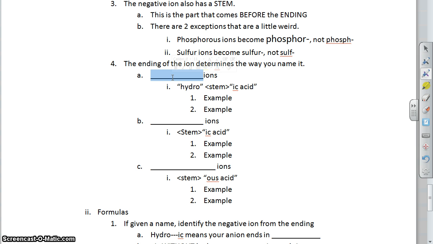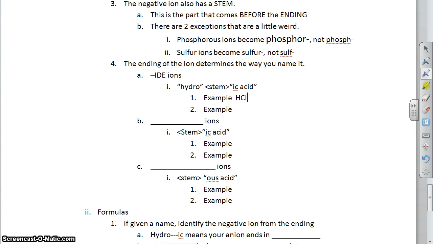First, let's deal with ide ions, ions that end in IDE. For these, we always do it exactly the same way. We begin with the prefix hydro, and then we stick the stem of the ion in there, and then we finish with ic acid. An example there would be HCl. We see it's an acid because it has that H, and it has this negative ion, chloride.